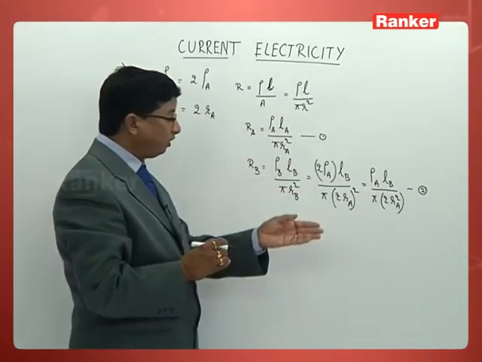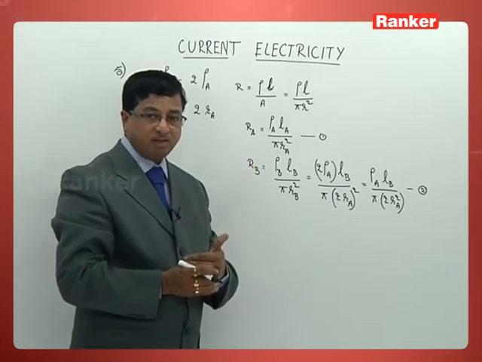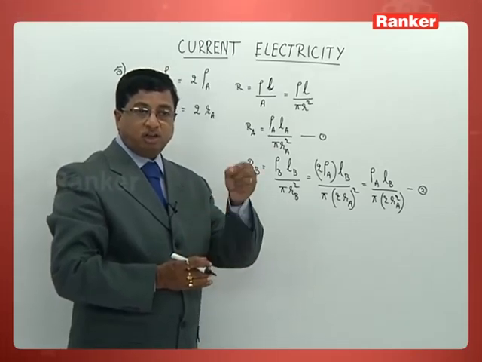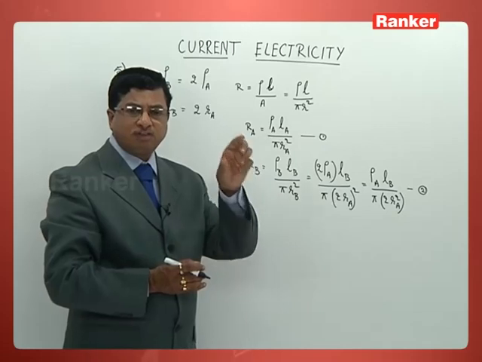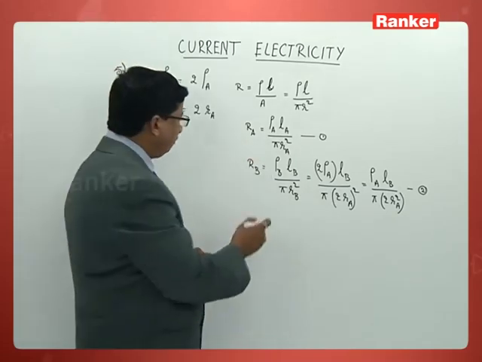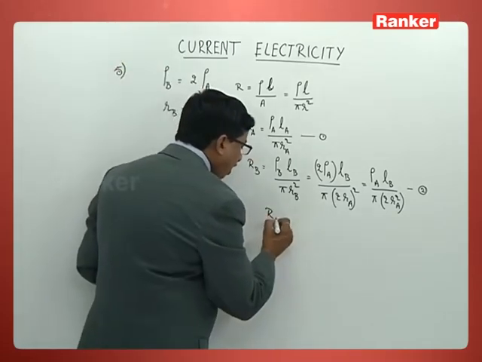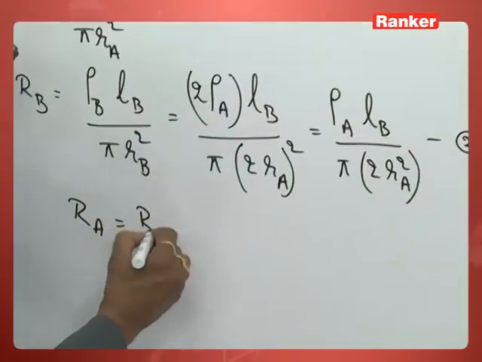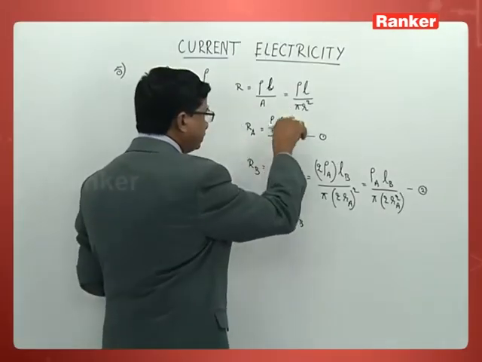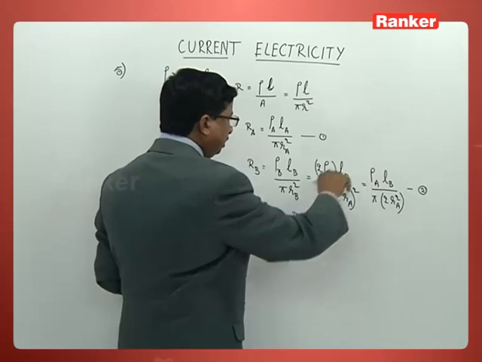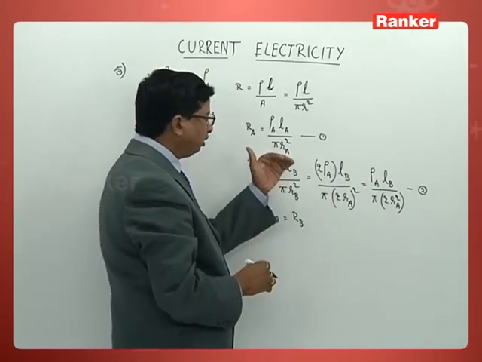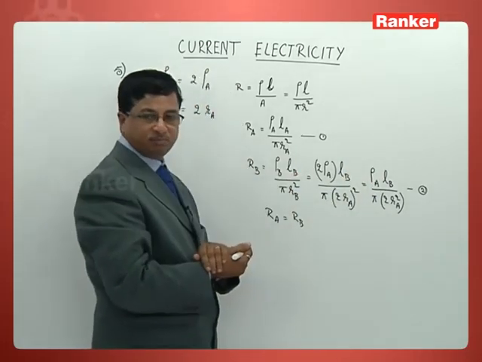But you can understand from the problem given, for the two wires to have the same resistance, what is the meaning of it? RA must be equal to RB. The resistance of the first wire and the resistance of the second are supposed to be equal. That is the point.